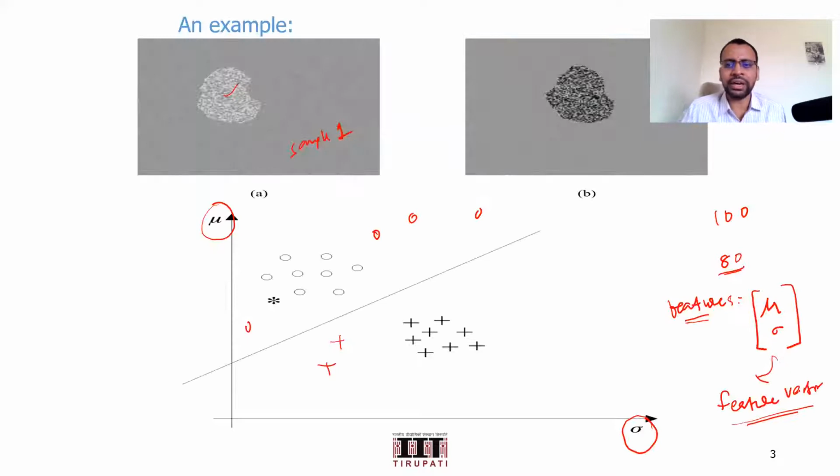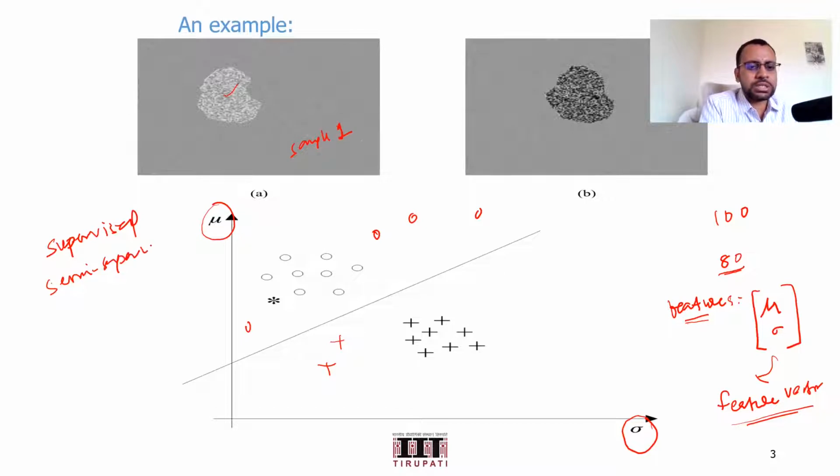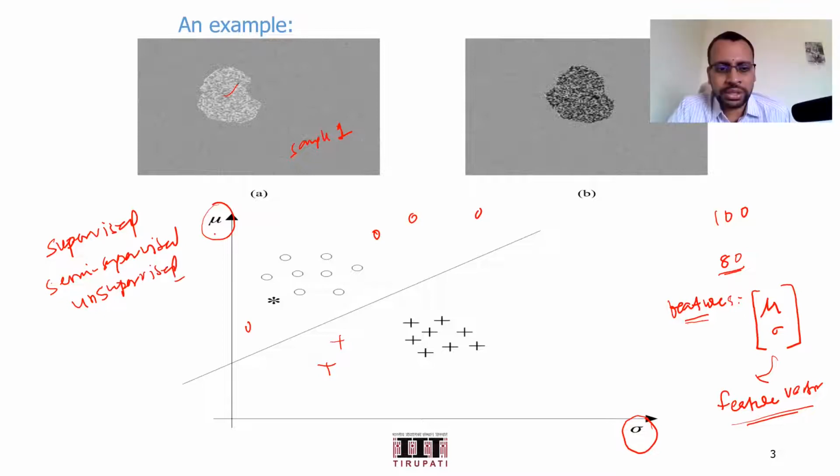Now, you might have already heard these words: supervised classification, semi-supervised classification, and unsupervised classification. I think we also very briefly touched upon them, maybe, I am not very sure.